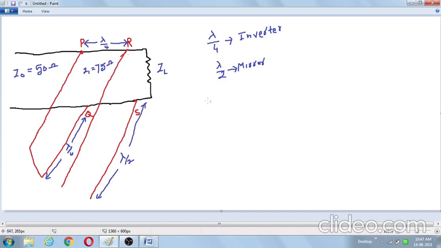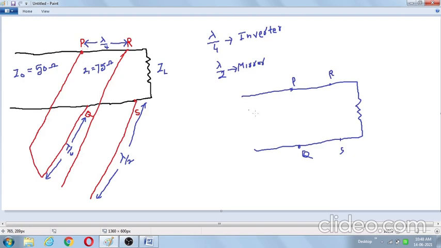So to redraw this transmission line, there is a transmission line and the load impedance ZL. This is P, this is Q, this is R. Here both have impedance infinite, that means open circuited.